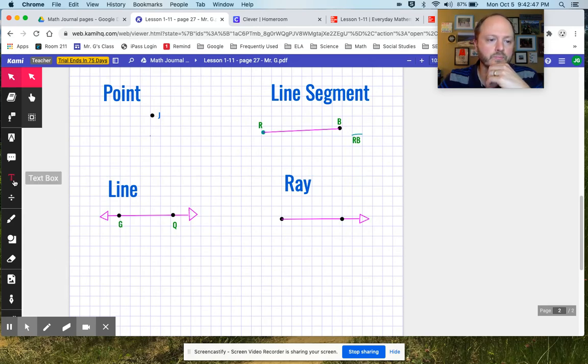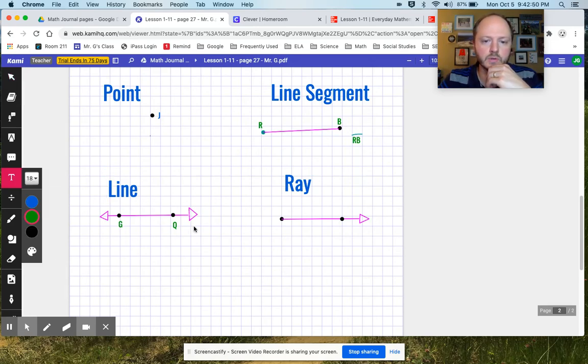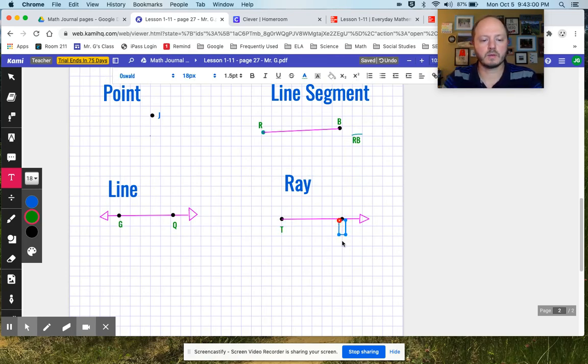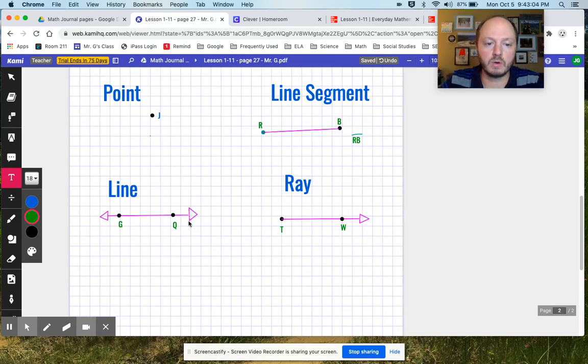So if I choose a letter for that point, let's say I choose T, and then I choose another letter like W, this would be called ray TW, and it wouldn't be called ray WT.